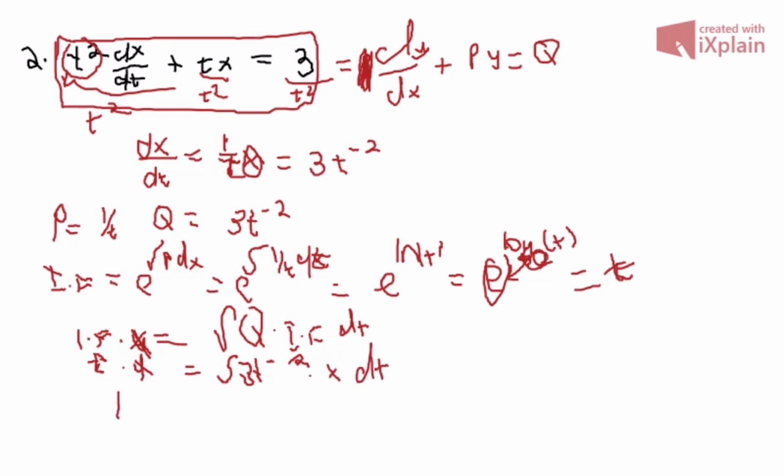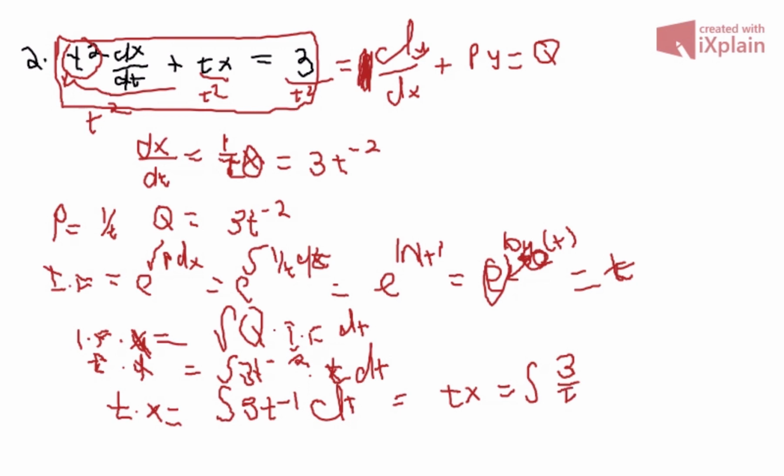So t x is equal to the integral of 3t^(-2) times t, which is 3t^(-1), so 3 over t dt.